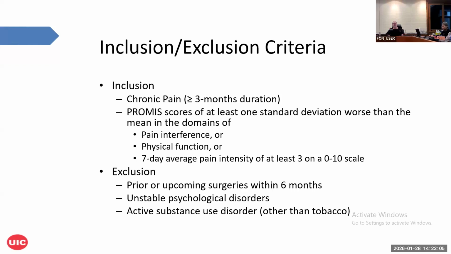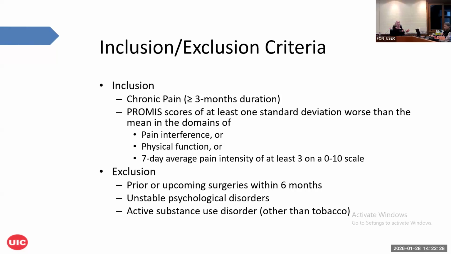Exclusion. Well, because of what we were doing, if they were having prior or upcoming surgeries, then we wouldn't be able to do a lot of our interventions. So we did have to exclude for that. We also had to exclude for unstable psychological disorders, i.e., if they were really serious.